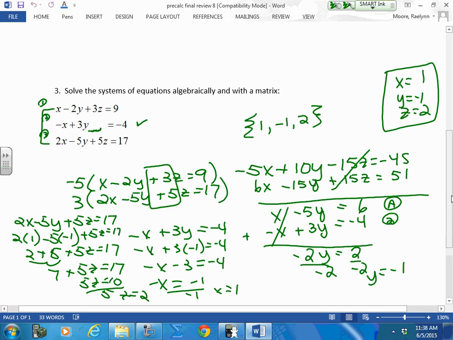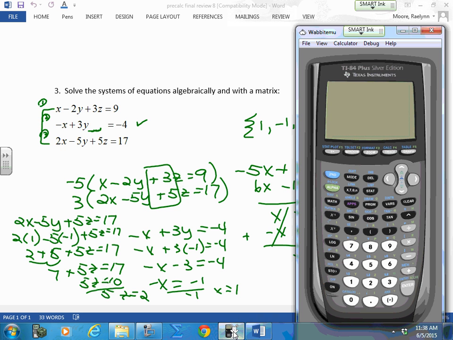Okay. And let's put this in your matrix and see if we get the same thing. So we pull up your matrix. We do second matrix. And let's edit. Let's edit B. So what's the order of these matrices?